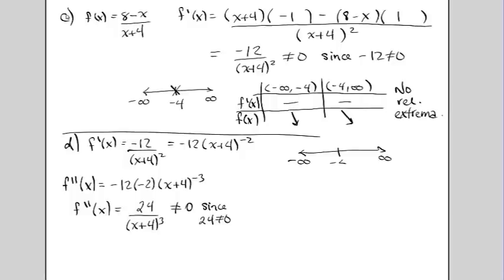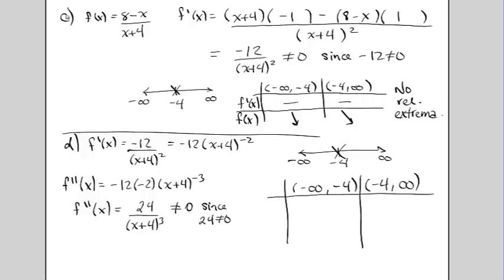So on our number line, we only need to be concerned about -4 because that number is not in the domain. So for our sign chart, we go from -infinity to -4 and -4 to positive infinity. This time we write f double prime of x and f of x. If we choose a value in that first interval, f double prime of x is negative, which means the graph is concave down on that interval.